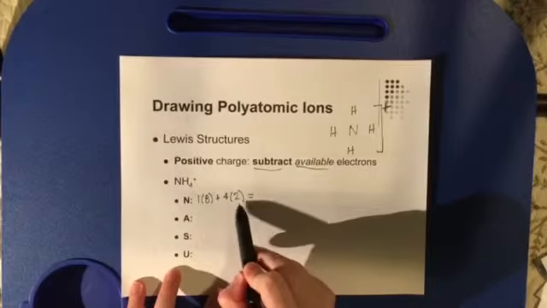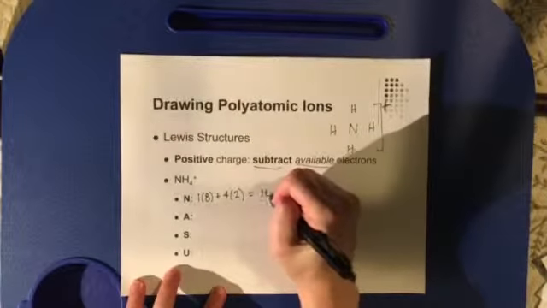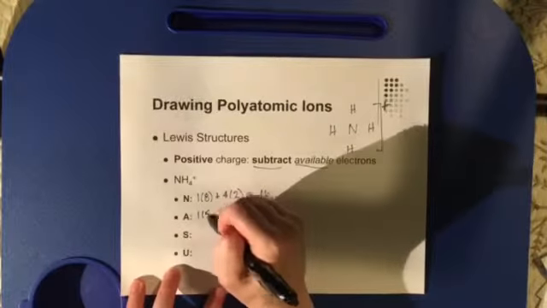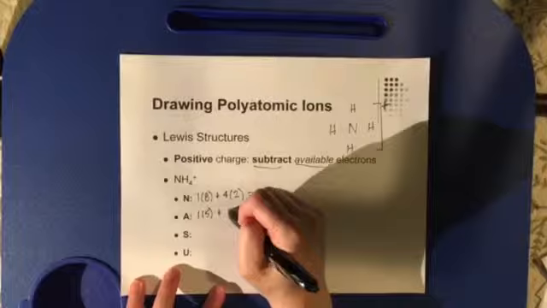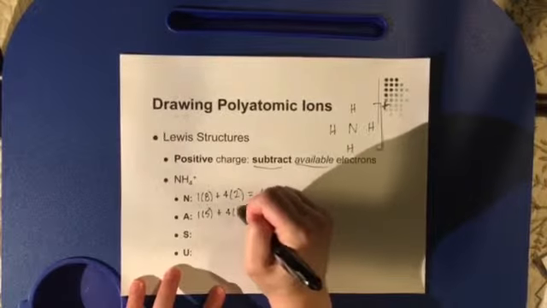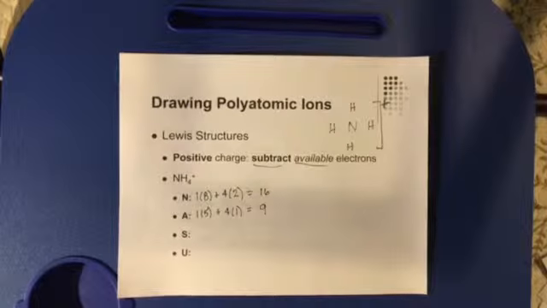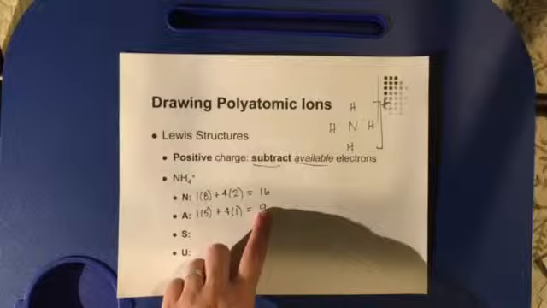So 8 plus 8 is 16. Available, 1 nitrogen has 5. 4 hydrogens have 1. So that's 9. And so here you know you have to do something because you have an odd number of electrons, and that's not going to work. And so if you forget to do that, this will remind you.